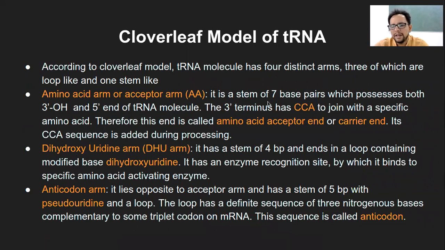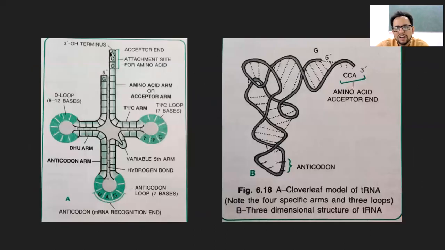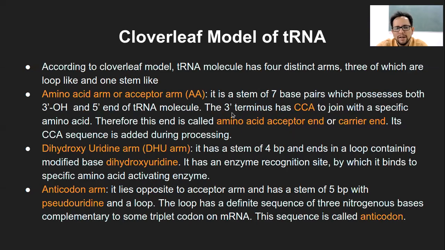That means there is a stem of 7 base pairs, which on one side will be the 5' end, on the other side it will be the 3' end, and the 3' terminus will have CCA, which will be the attachment site to a particular amino acid for which this anticodon will be coding. So that was one arm of the tRNA model.